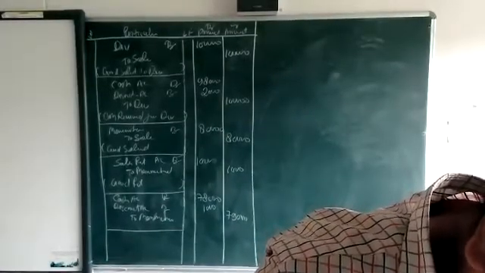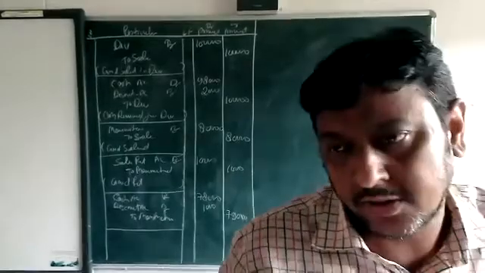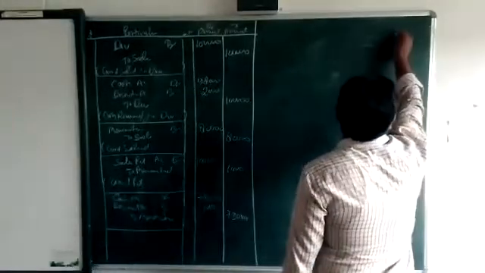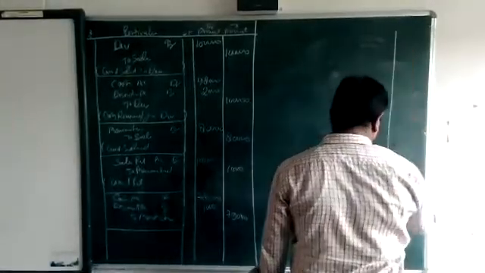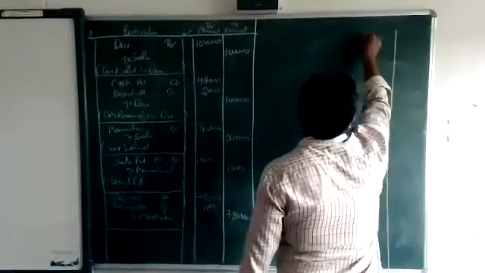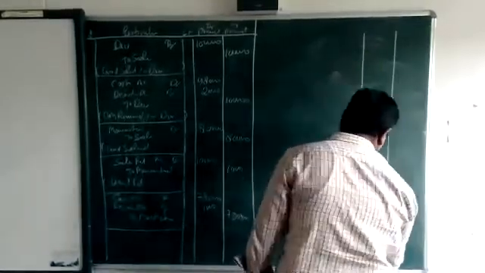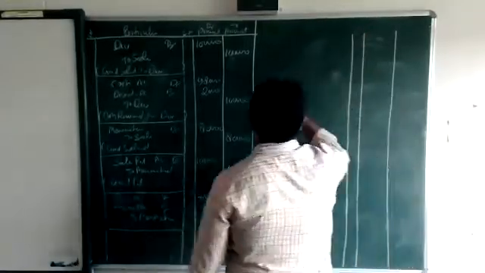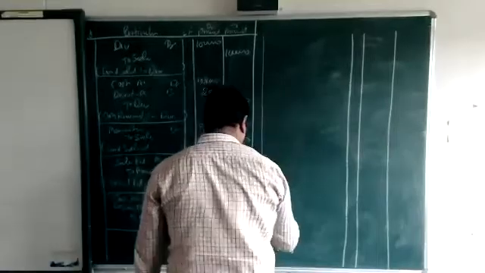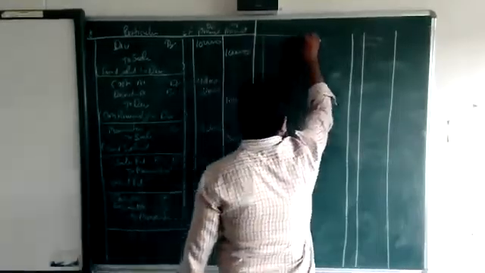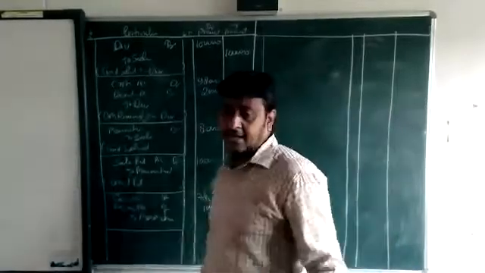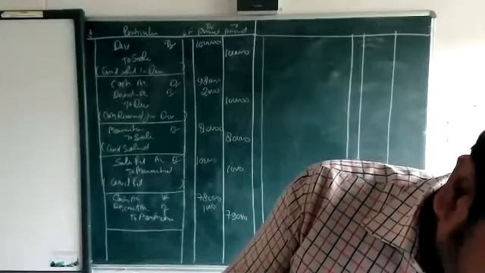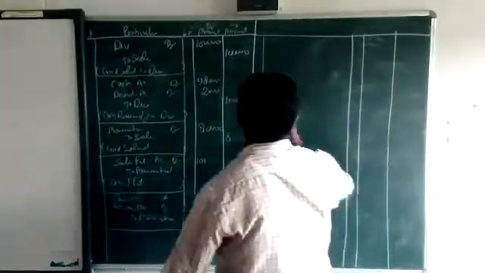Received cash from Ram and discount allowed. Just wait, one more from this side. I'm dividing this point because a good question comes on this. One time, no need to erase. Here, cash received from Ram and discount allowed. We are receiving cash from Ram.